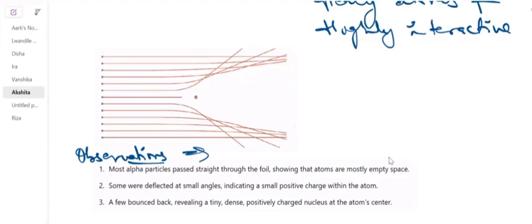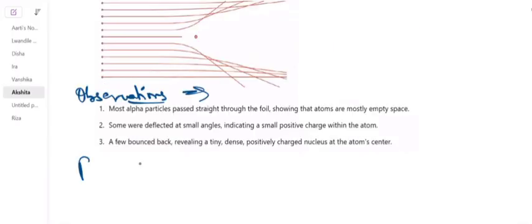And hence we will get the three postulates based on this.